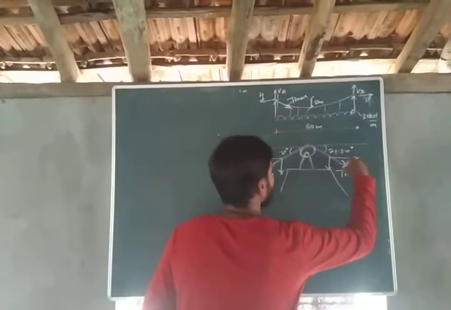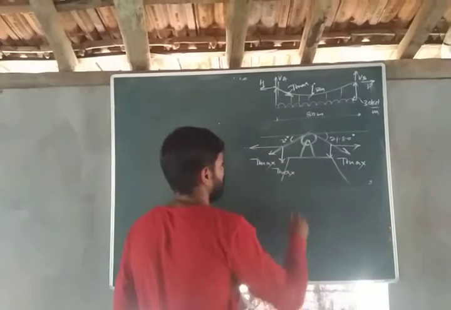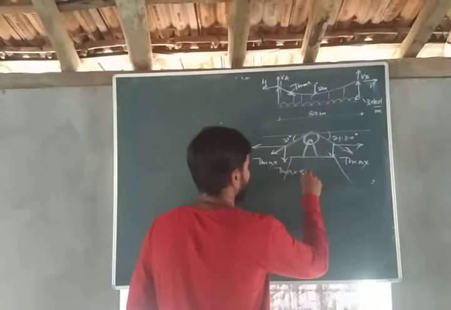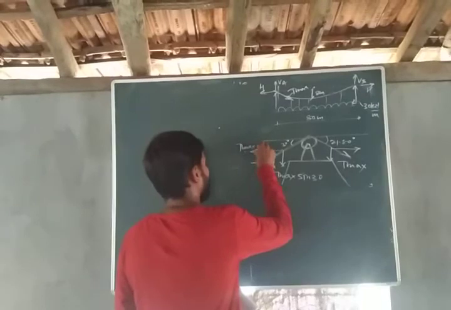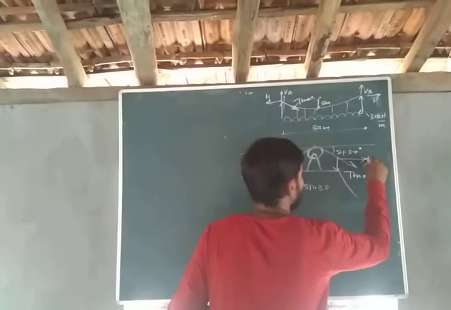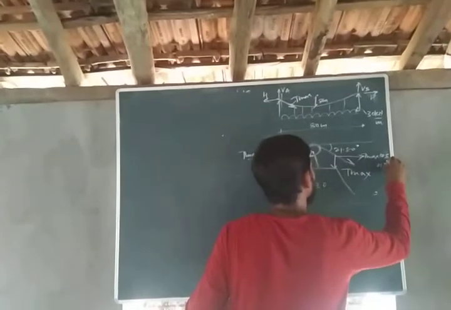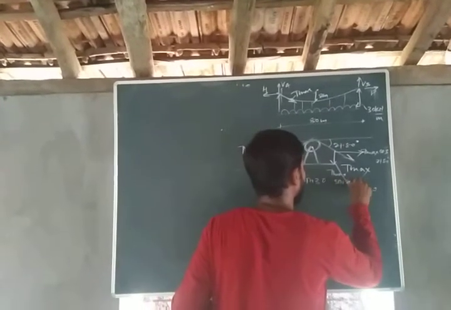Just we have to calculate the component and do the addition. So T max sin 30 degree, T max cos 30 degree. Here it is T max cos 21.80 and here it is T max sin 21.80.